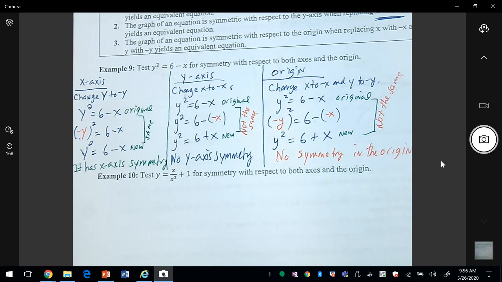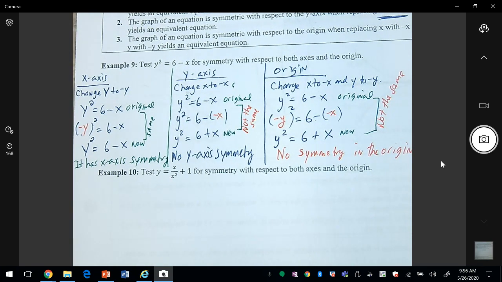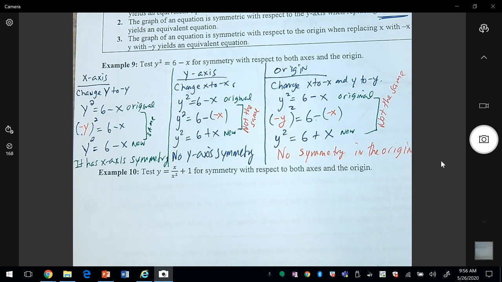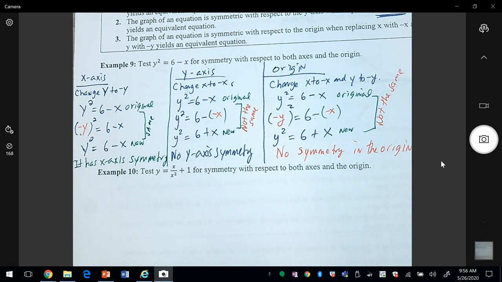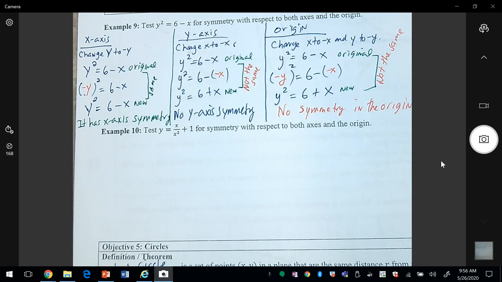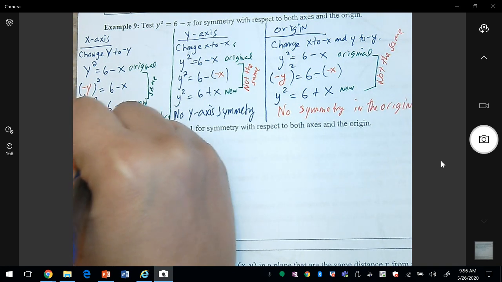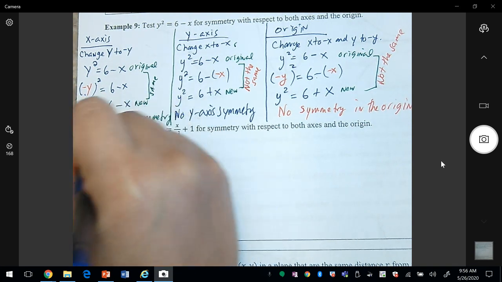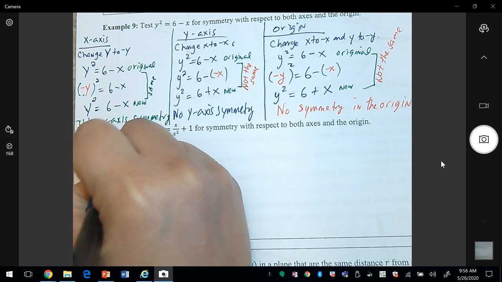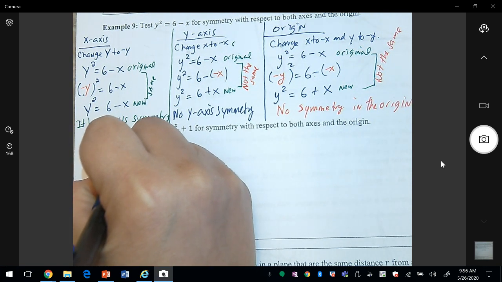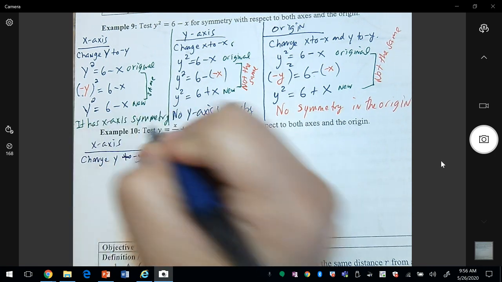Okay, so these are the 3 tests that you can do. Once you find that it works for one, you don't have to do the others. But we're going to go ahead and try all 3 again. So let's try the x-axis. So we're going to change y to negative y.